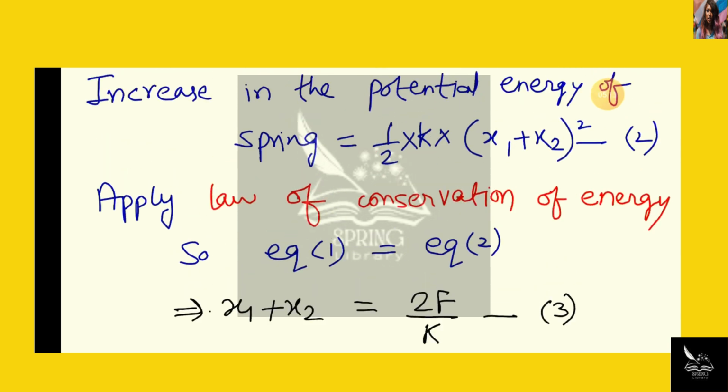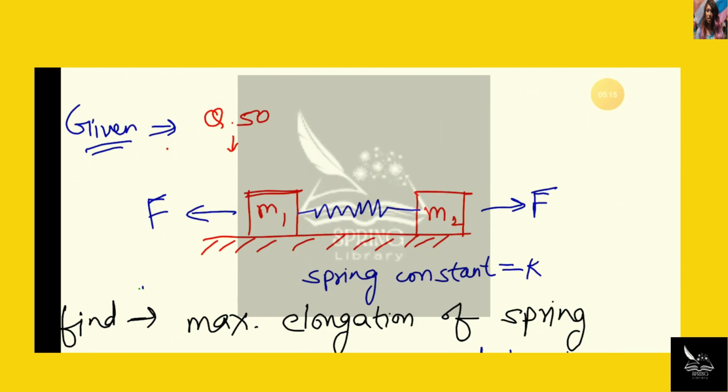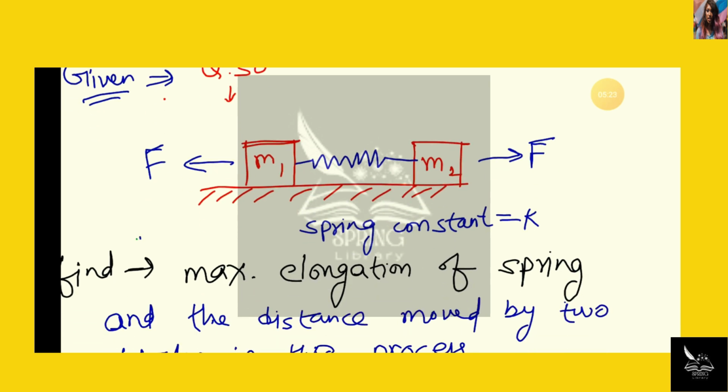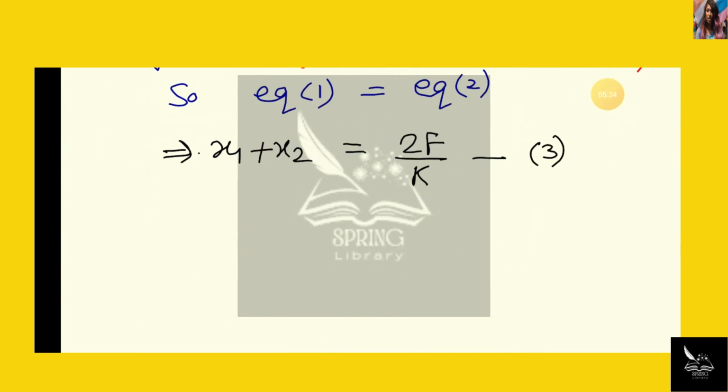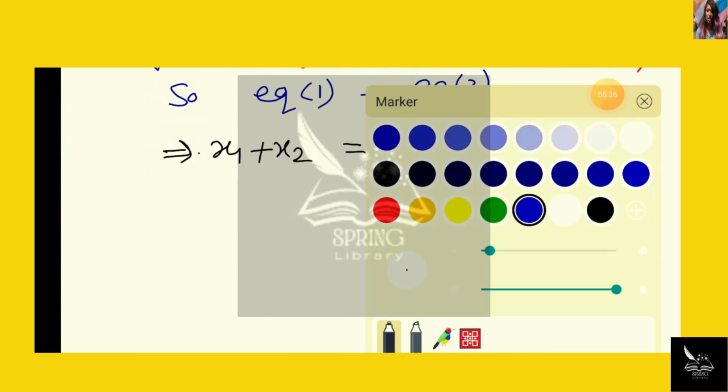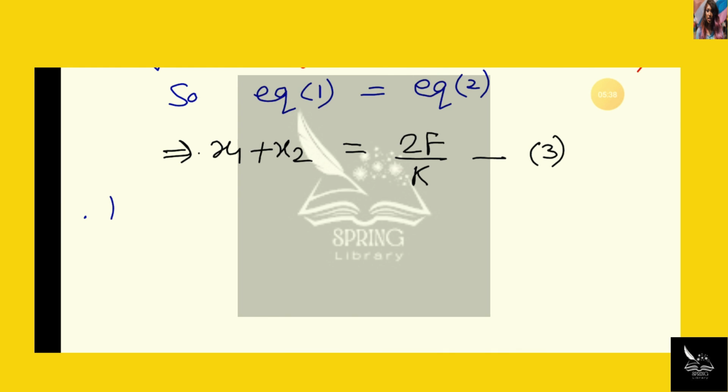Now, as you see in the figure, the net external force is 0, because the forces are acting in opposite directions. So the center of mass does not shift.